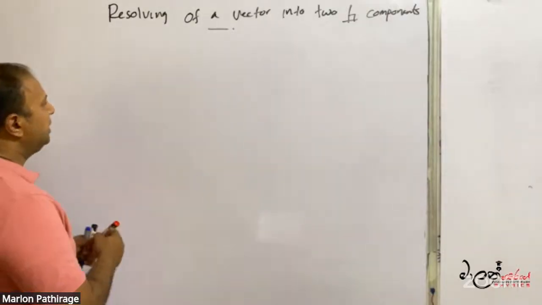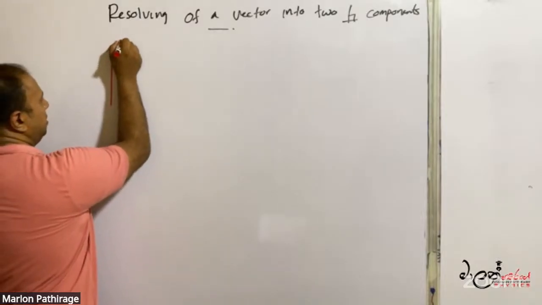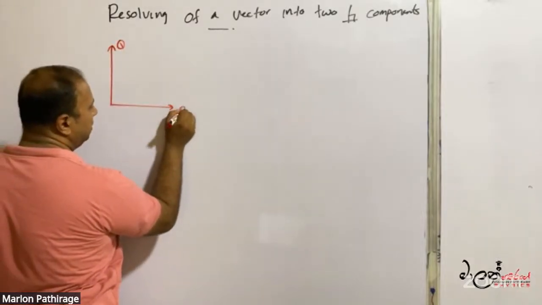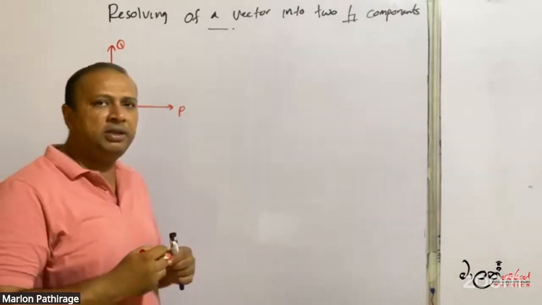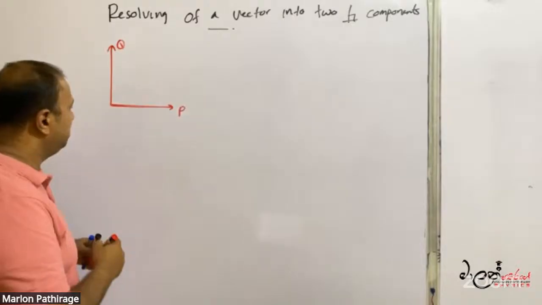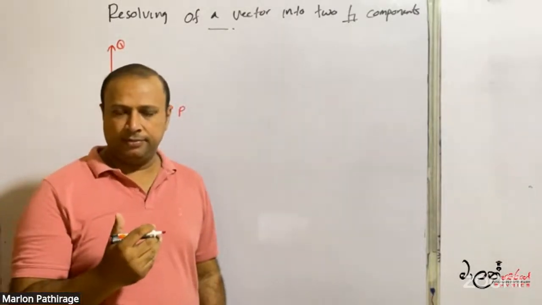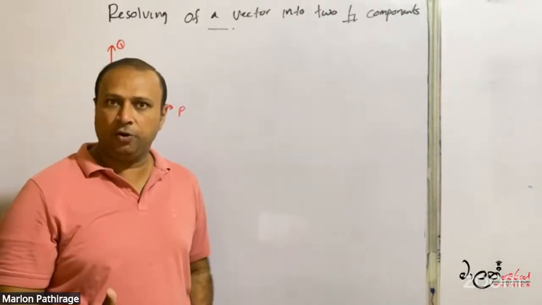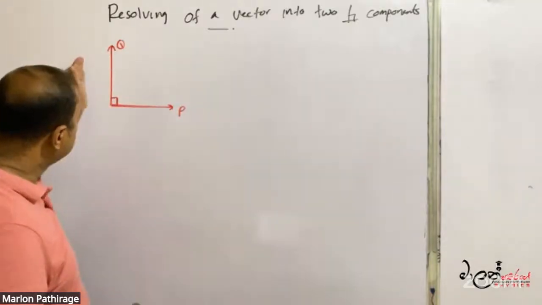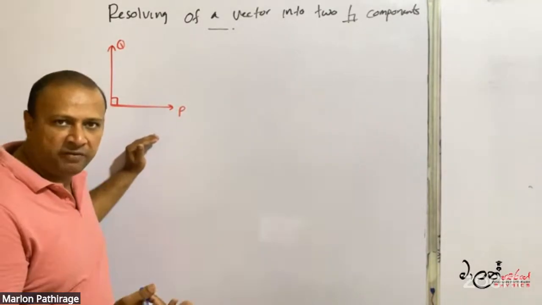So suppose you are given two perpendicular vectors, Q and P. These two vectors can be replaced by their resultant vector. So what is the meaning of resultant vector?